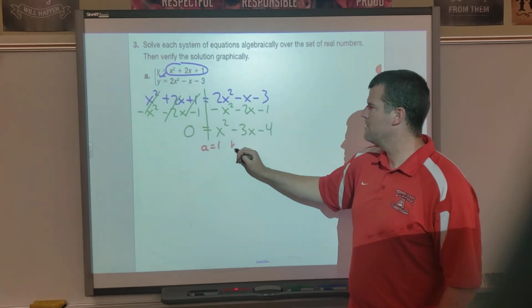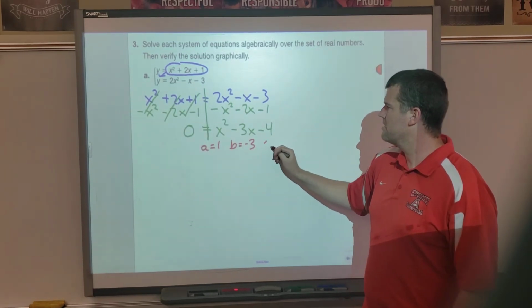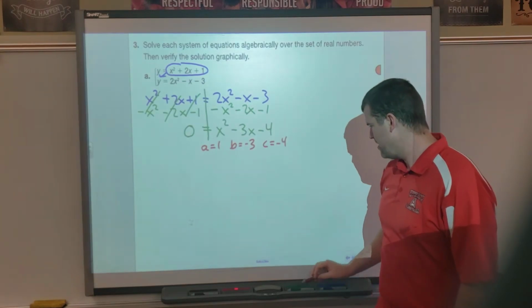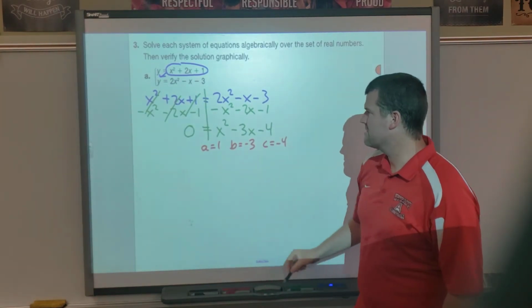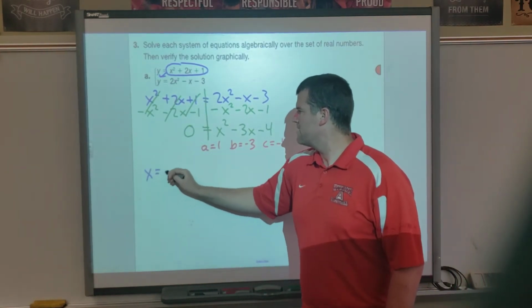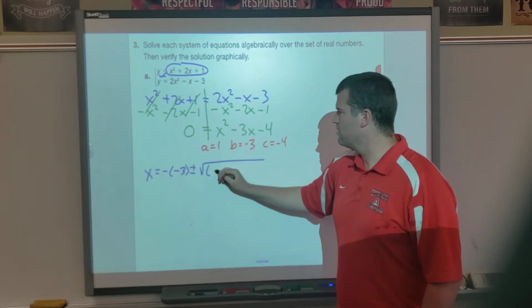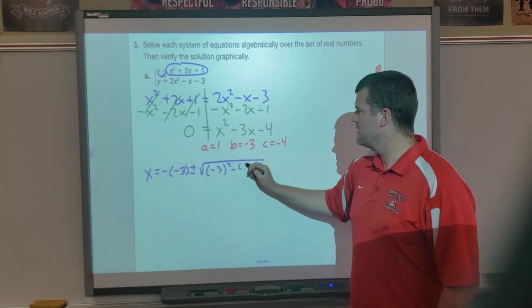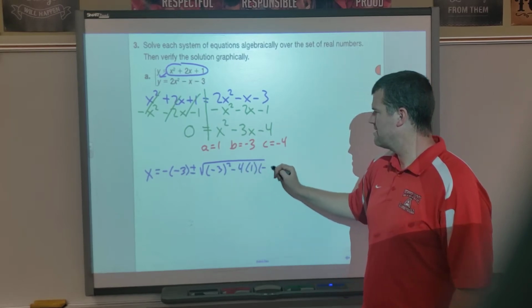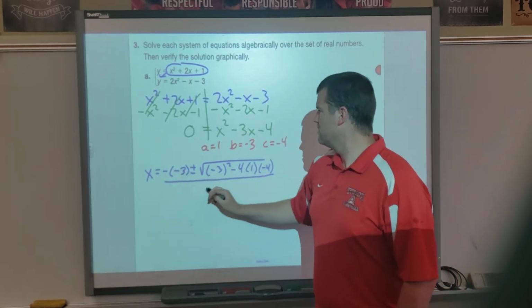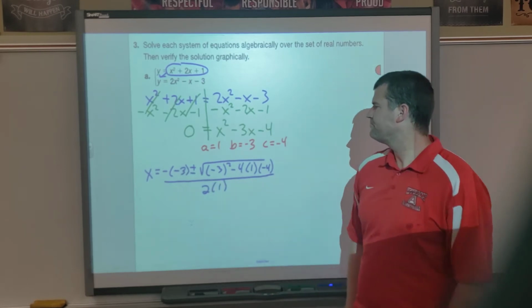A is 1, B is negative 3, C is negative 4. Plug it in, get to solving. X equals negative b plus or minus the square root b squared minus 4ac all over 2a.